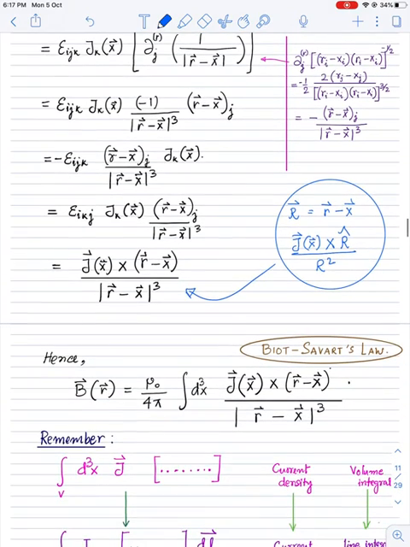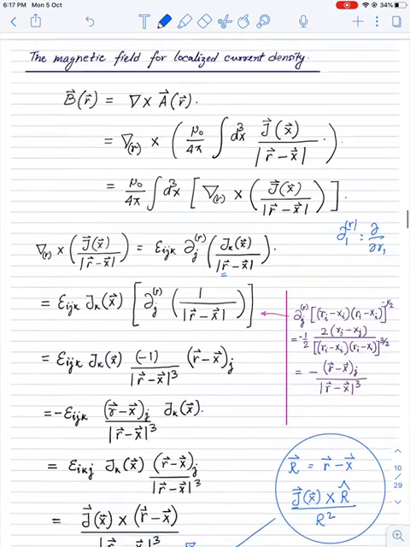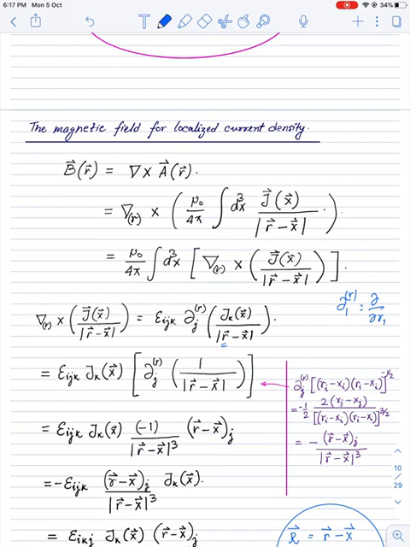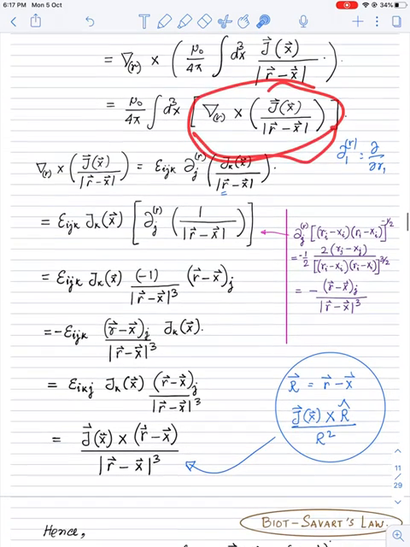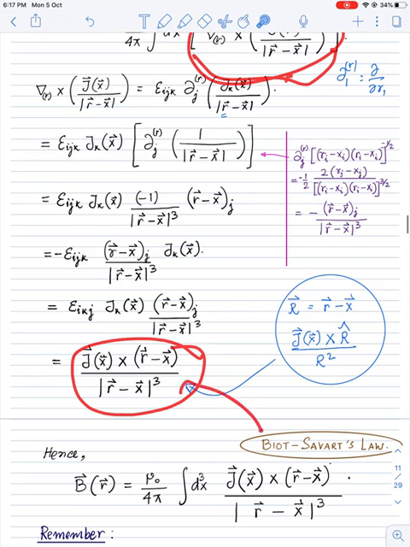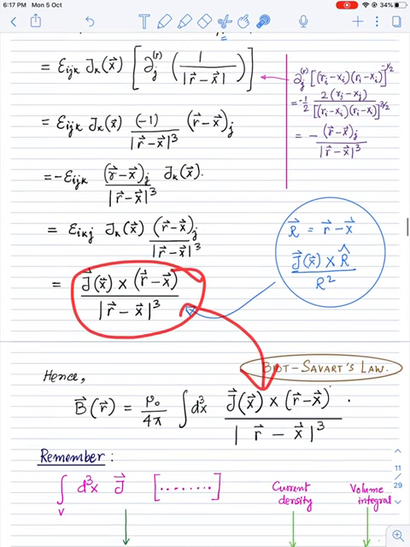Now plugging this back into the integral: I was finding the magnetic field, which is the curl of A here, and we went inside the integral, manipulated this expression, and found that after taking the curl, it reduced to this.